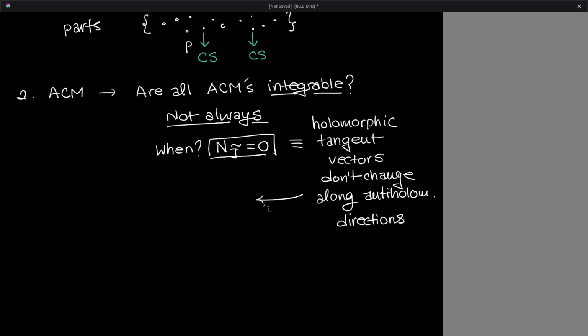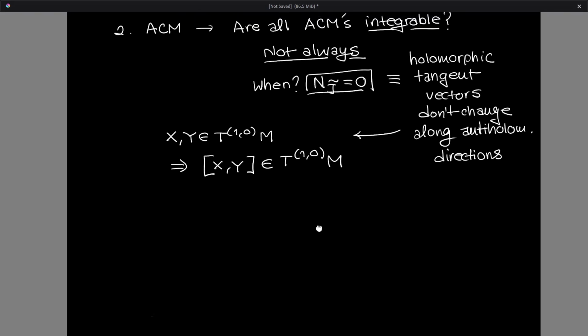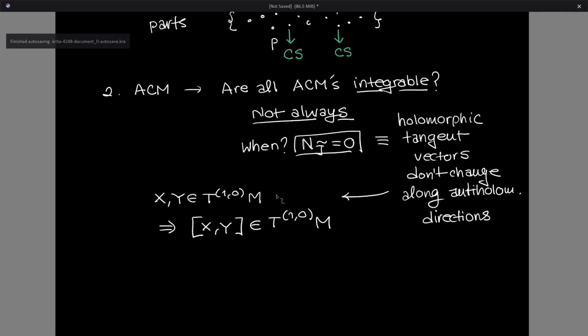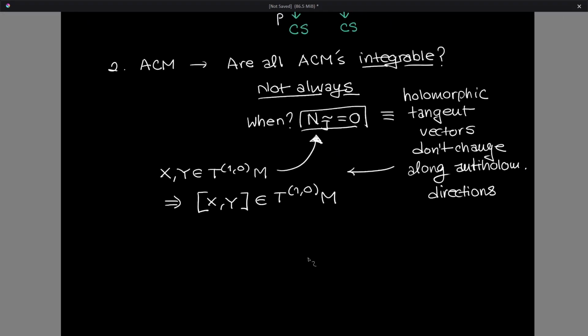And we translated that to this idea that, to put it rigorously, if X and Y are elements of this bundle T10M, then that implies that their Lie bracket of X and Y must also be in this same bundle, the subbundle of holomorphic vectors. And we showed that this is equivalent to the Nijenhuis tensor being 0, because the Nijenhuis tensor is 0 precisely when this condition is met.